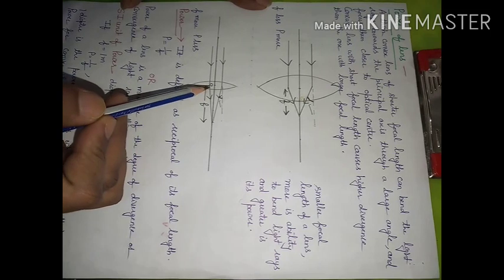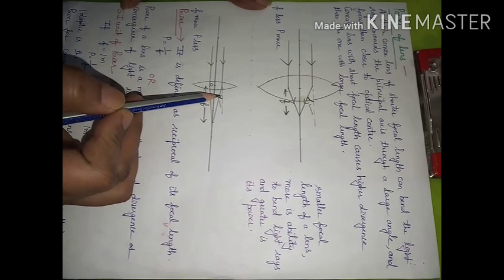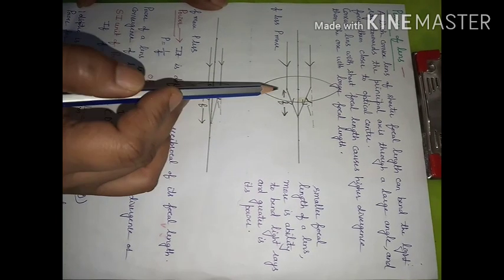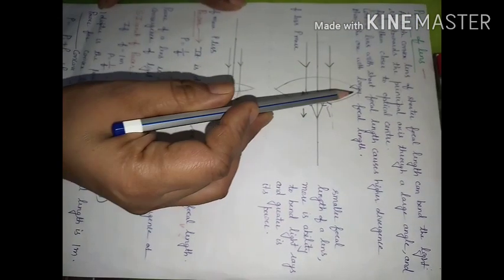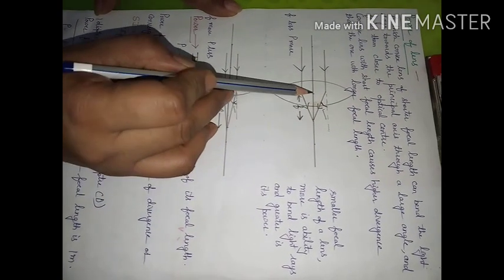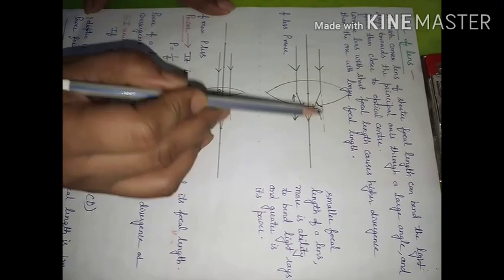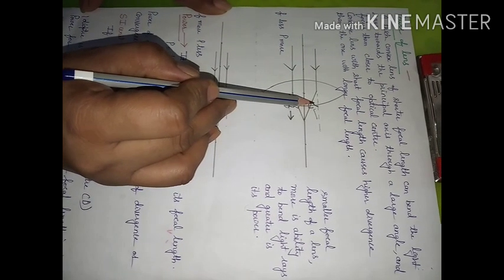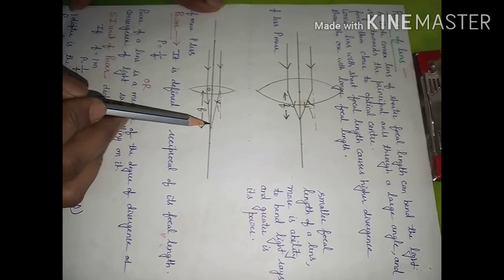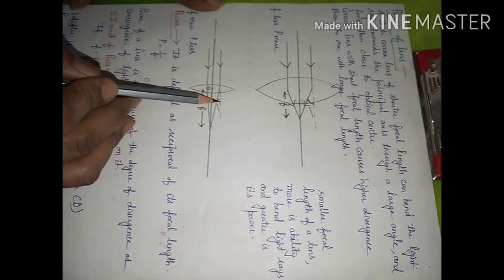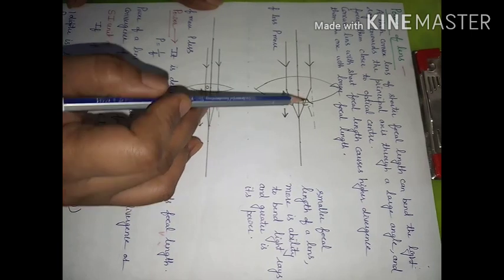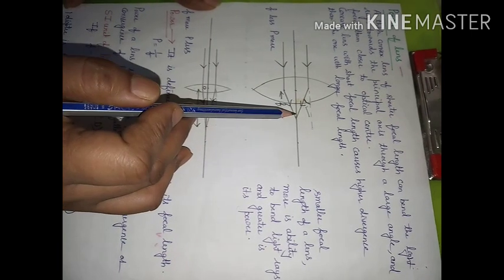And if we relate this bending of light, the capacity to bend the light, with the focal length of the lens, then we find the relation that a thicker lens has a short focal length, and if focal length is smaller, then bending capacity is larger, and a thin lens has more focal length and its bending capacity is less. It means bending capacity and focal length are inversely related with each other.